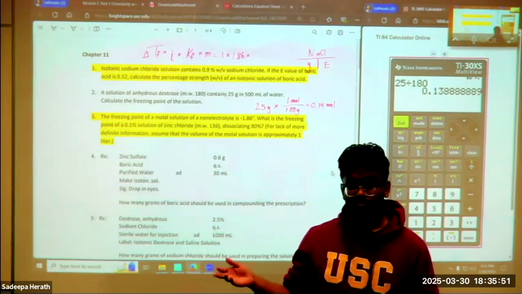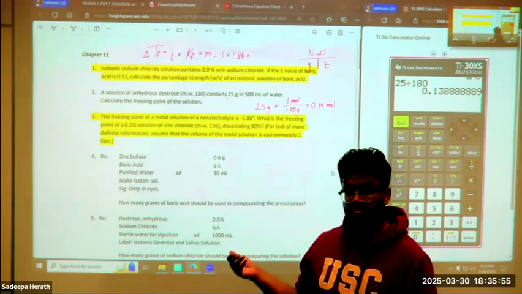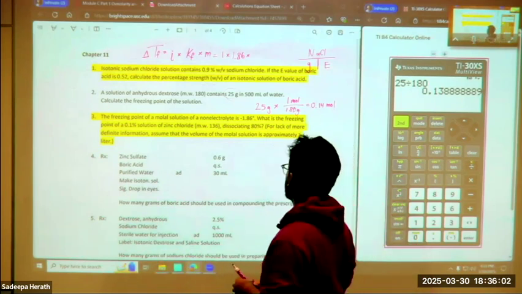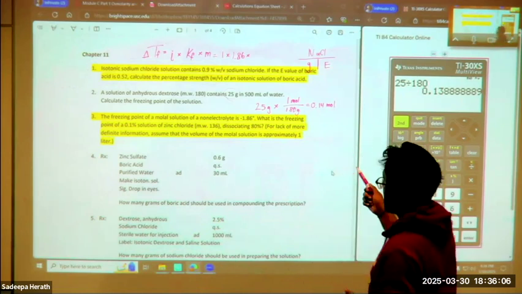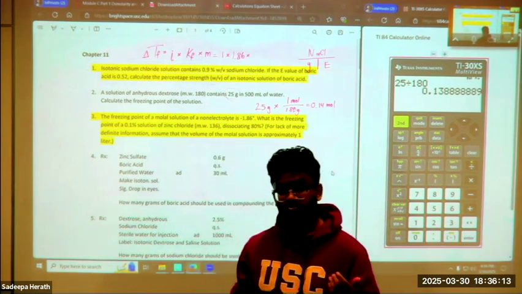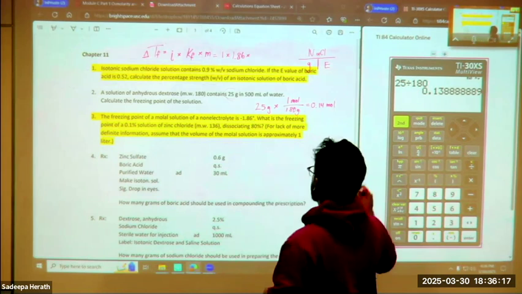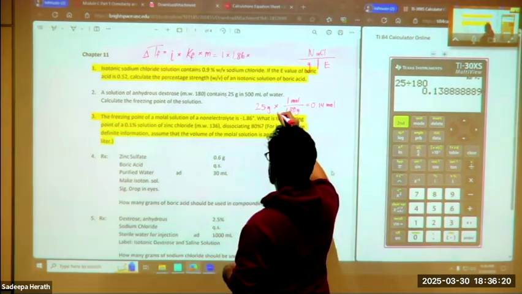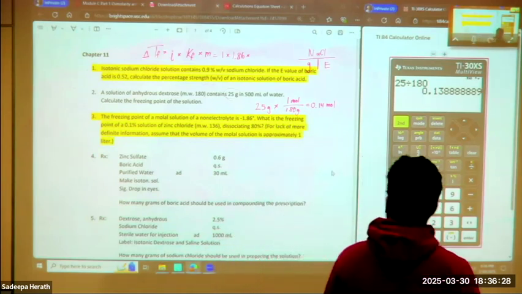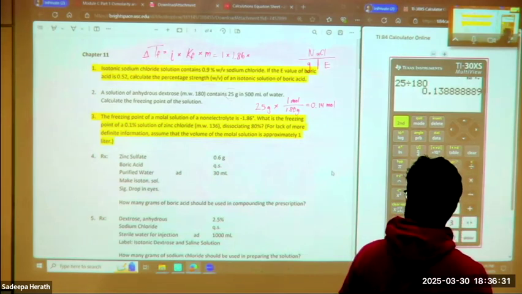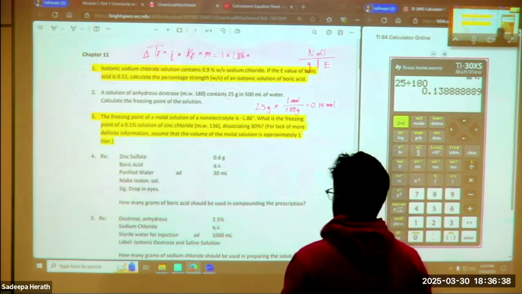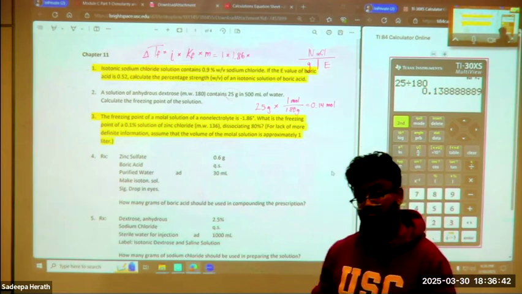To find grams of something from the volume of something, we use density, grams per ml.